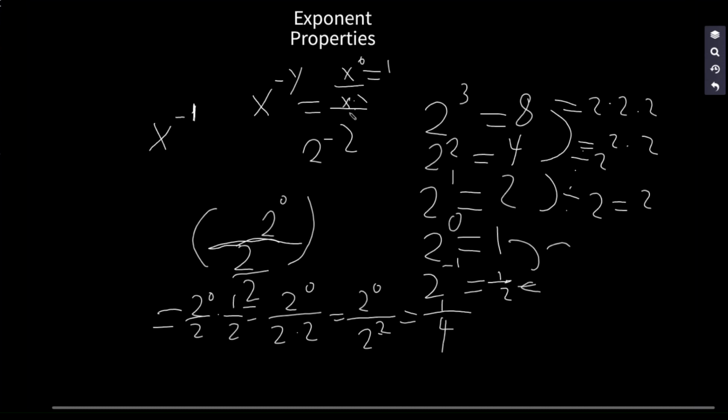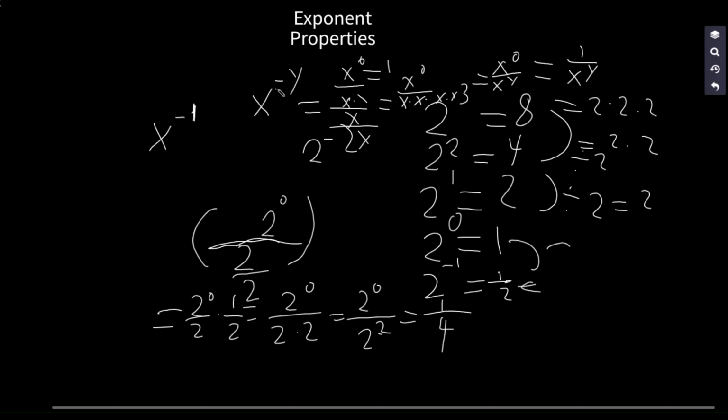So x divided by x divided by x, but this is just x to the 0th, and if we're dividing by x so many times, then we're just multiplying by the reciprocal that many times. So we really are getting x to the 0th over x to the y. So x to the negative y is x to the 0th divided by x to the y. Well, what is x to the 0th? Again, that's just 1.